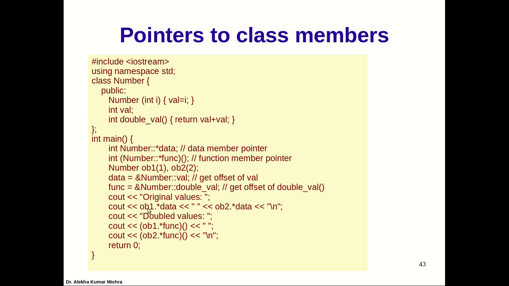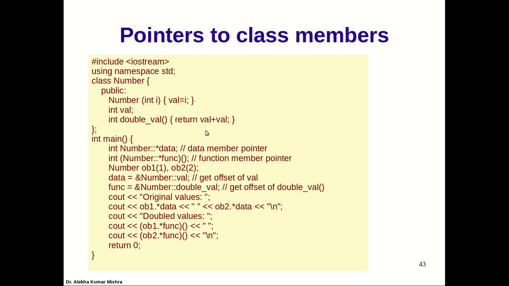So what we can do here is directly ob1 dot star data, for object 1 we are printing the val via pointer. Now ob2 dot star data. So the data member val can also be referred via the pointer to a class member, that is data.